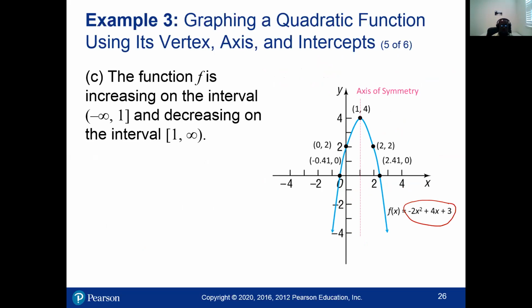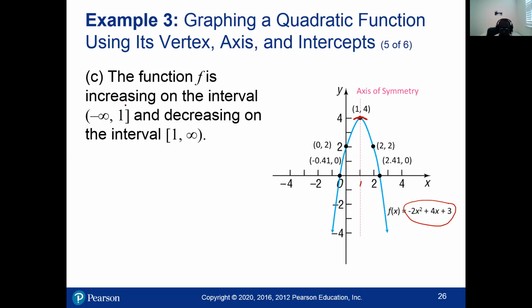So if you have that, where is it increasing or decreasing? Up to this point, it is increasing from negative infinity to 1; we are looking at the x values. And then it decreases otherwise.